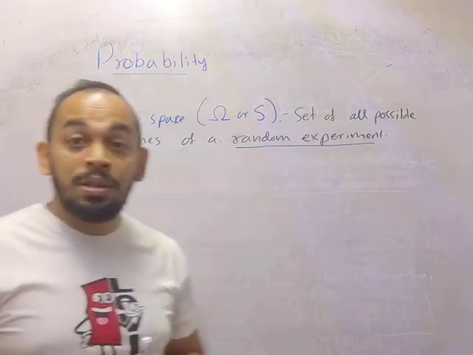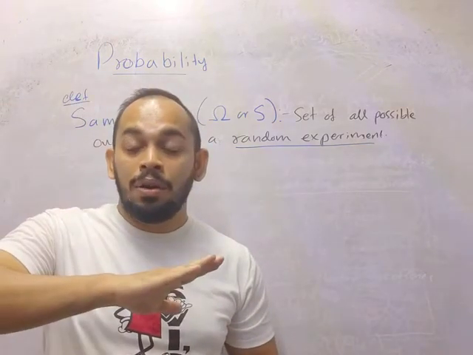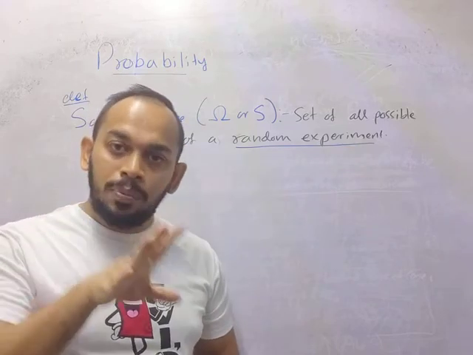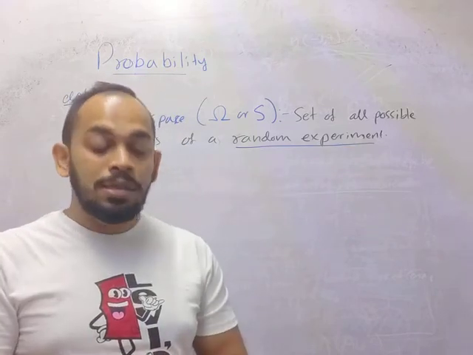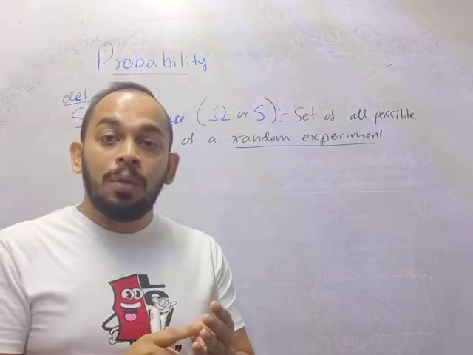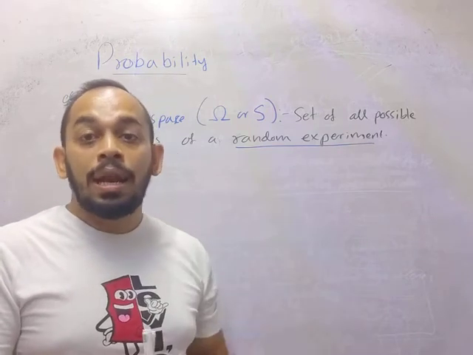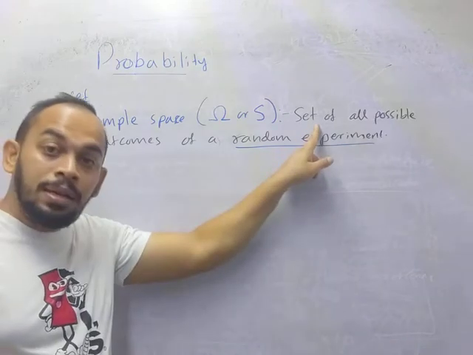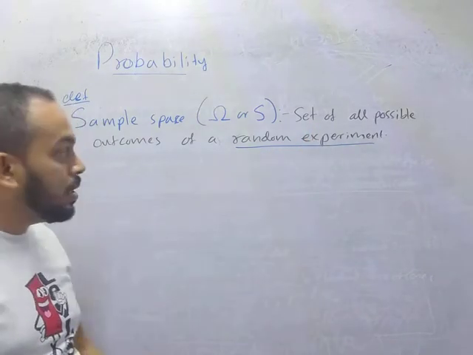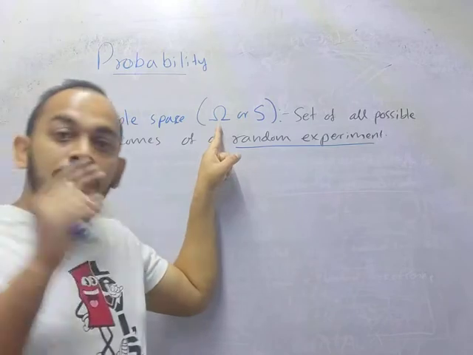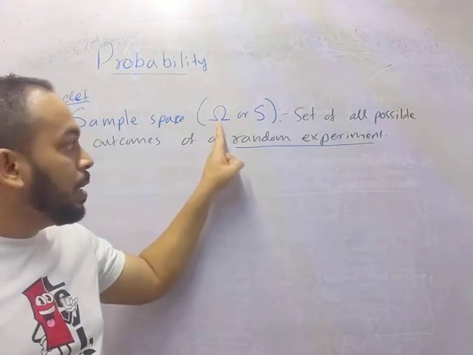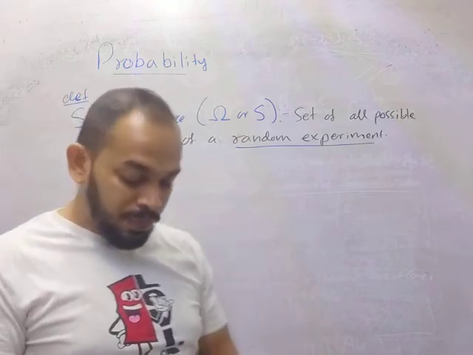Sample space in probability is defined as the set of all possible outcomes of the random experiment. Since this is a set, we have to use set notation, and to represent the sample space, we sometimes use omega, or capital S.